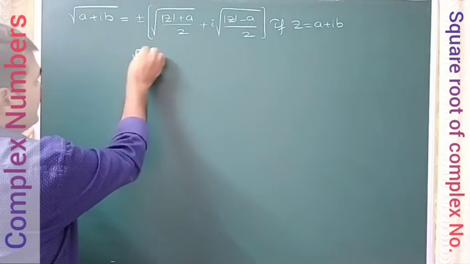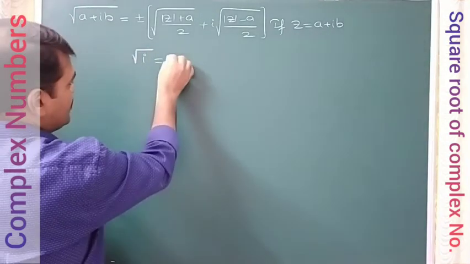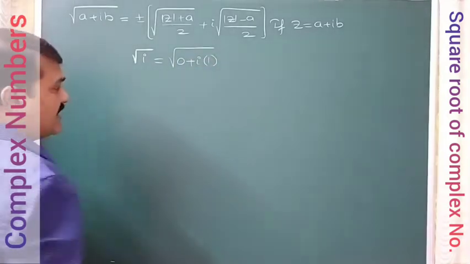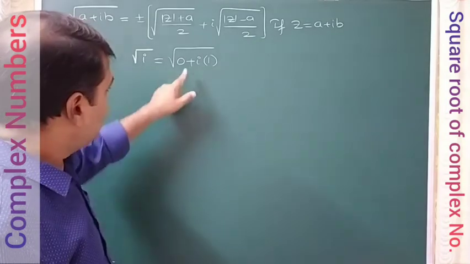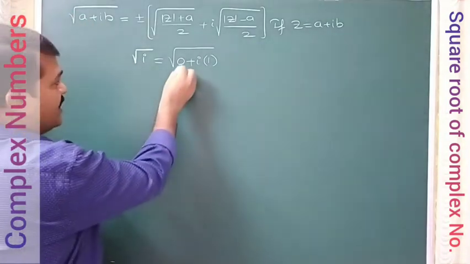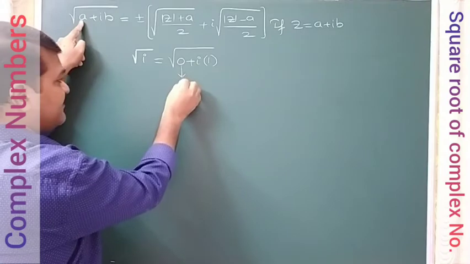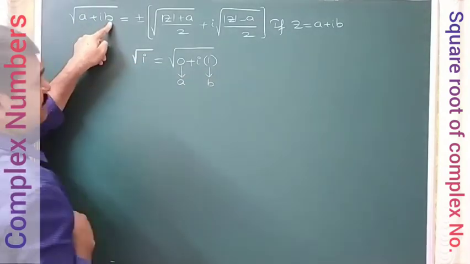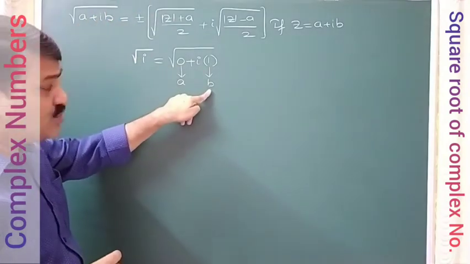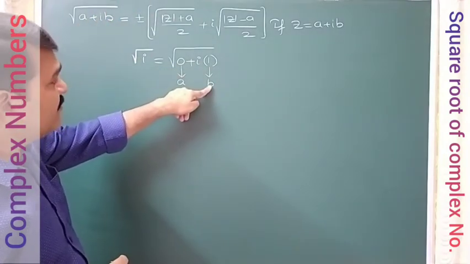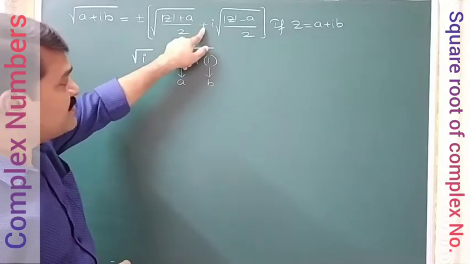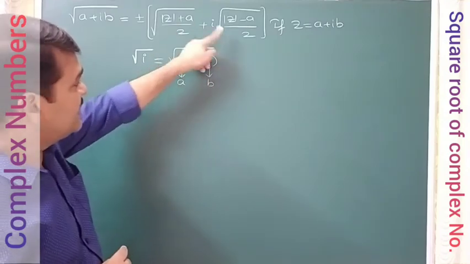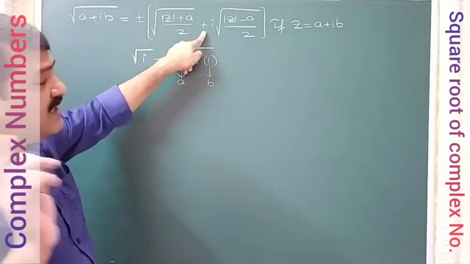So i can be written as 0 + i·1. Comparing with the formula, in place of a you have 0 and in place of b you have 1, and b is positive. So b positive means the plus sign must be taken in between the terms in the formula. If b is negative, the minus sign must be taken.